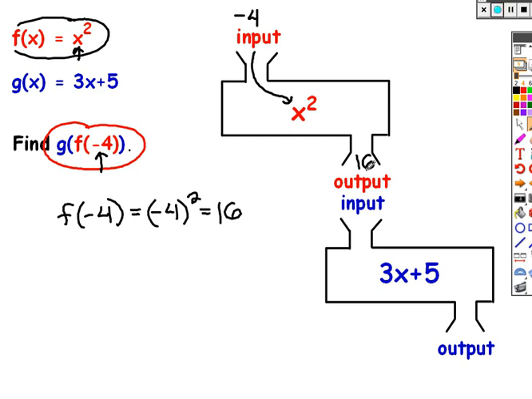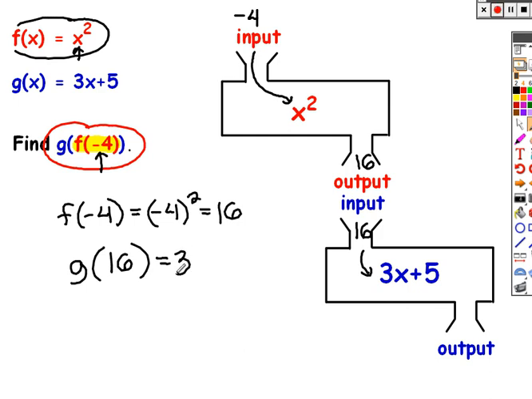Then that output I'm going to plug into function g. f of negative 4 is 16, so if I want g of f of negative 4, now I want g of 16. I'm plugging 16 into function g.